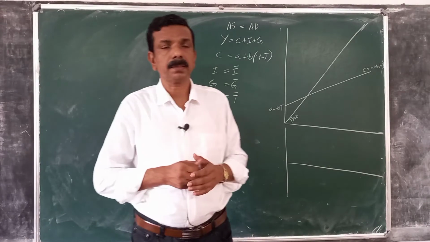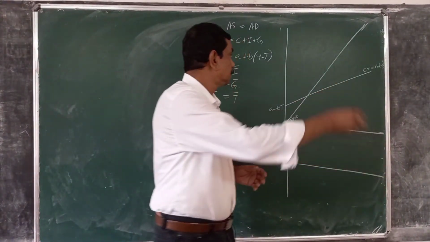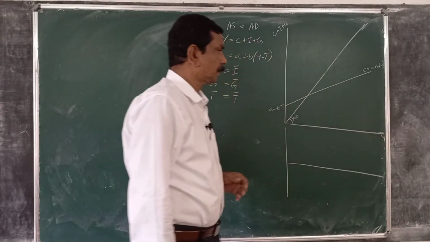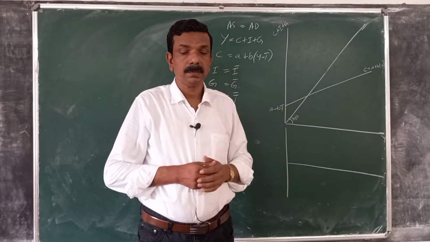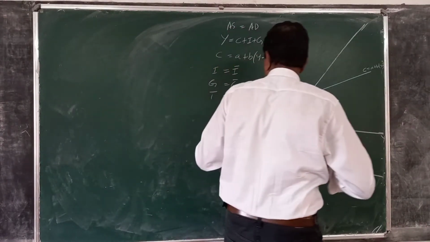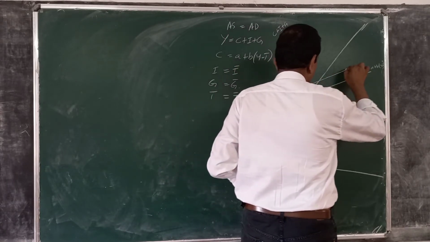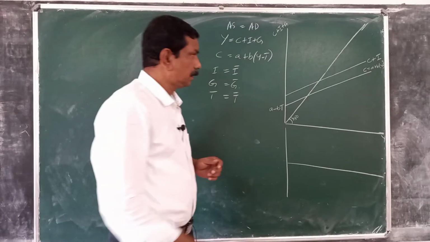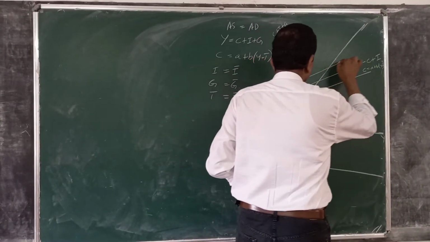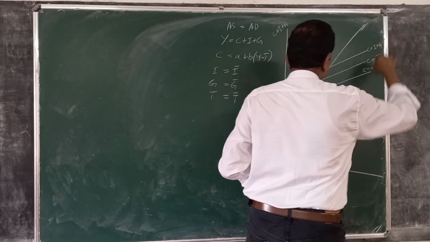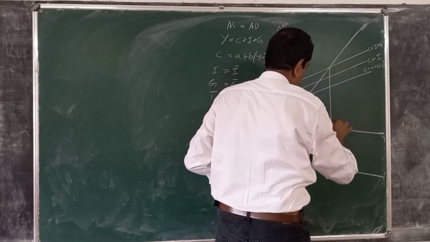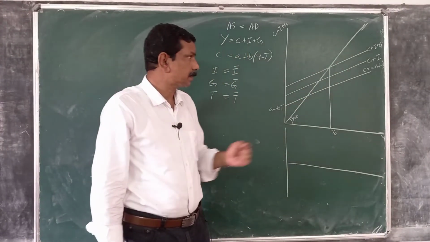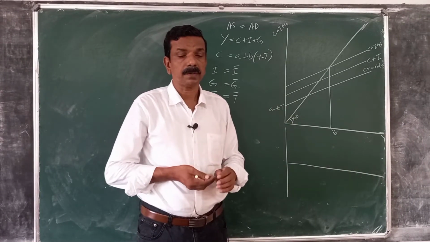We start with a three-sector model where consumption is a function of disposable income, C. With this we add investment I, then you will get C plus I. With that we add G equal to a particular amount, C plus I plus G. Now equilibrium occurs at a level of income Y0 where the aggregate spending schedule C plus I plus G intersects the 45-degree line.